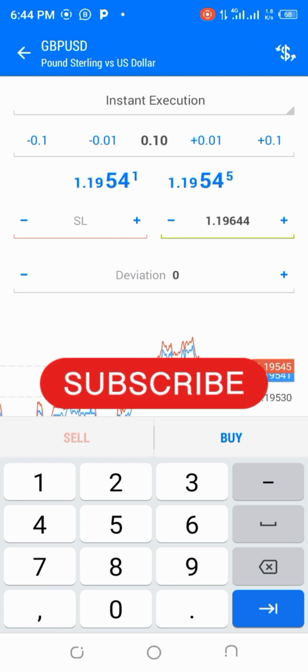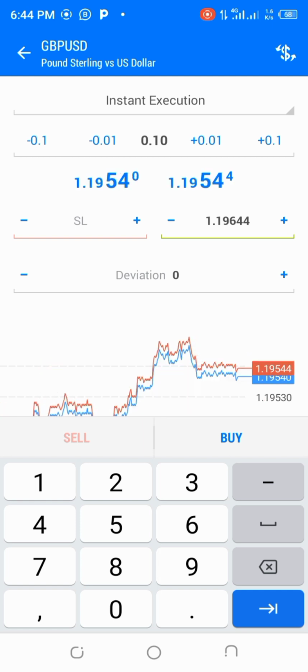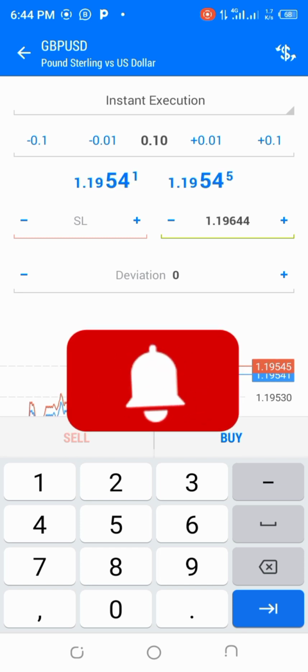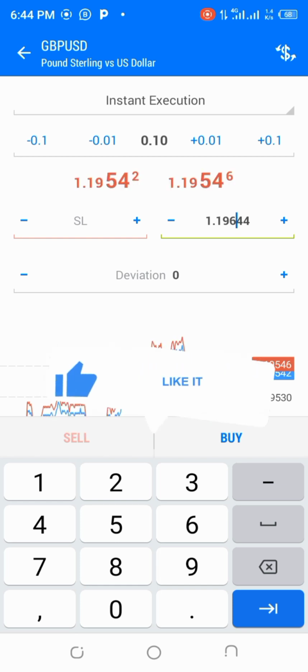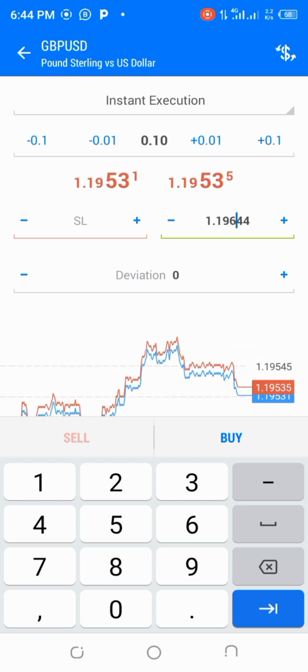For this lot size, it's different from the other one. Remember the last one of 0.01 lot size, I used 100 pips, but this one I'm using 10 pips. It means that if you use 100 pips or 300 pips whatsoever, you are going to be talking of money of $100 and more. So you have to be very careful when you increase your lot size. This is where many forex traders make mistakes. When you increase your lot size, you are going to make problems.